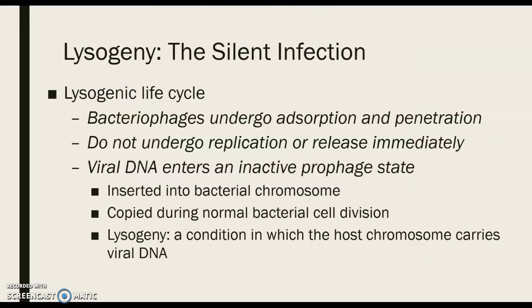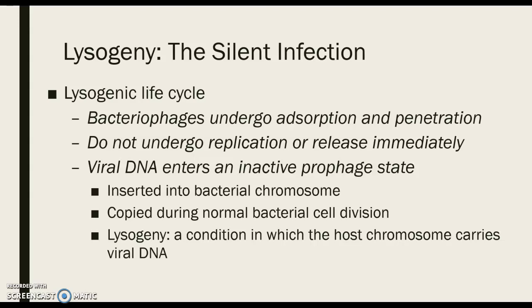Now, lysogeny, or the lysogenic life cycle, is the silent infection. On that same chart that I just showed you in the pictures, there's an offshoot step. So in the lysogenic life cycle, the bacteriophages undergo adsorption and penetration. So the actual DNA is injected into the cell, but they don't undergo immediate replication.